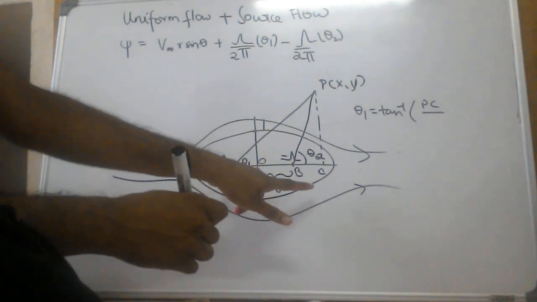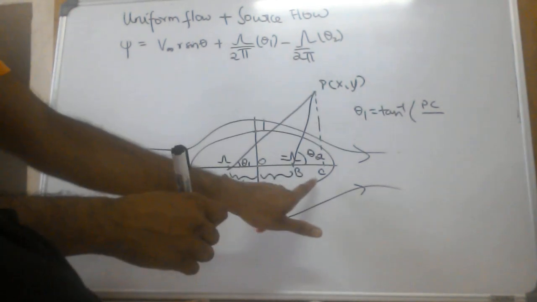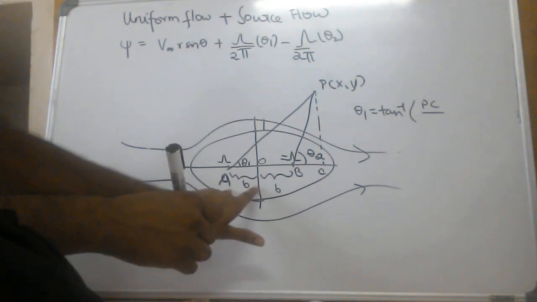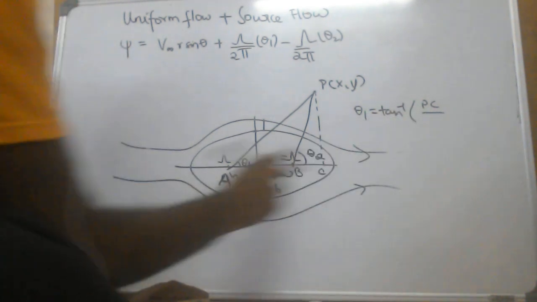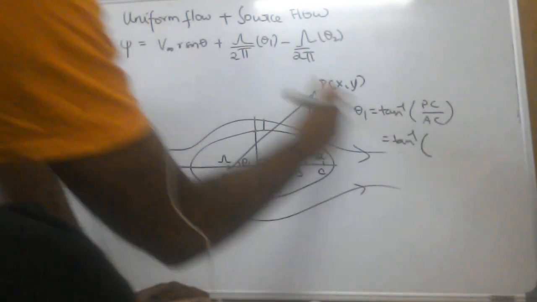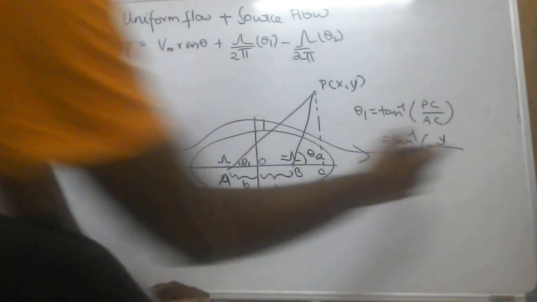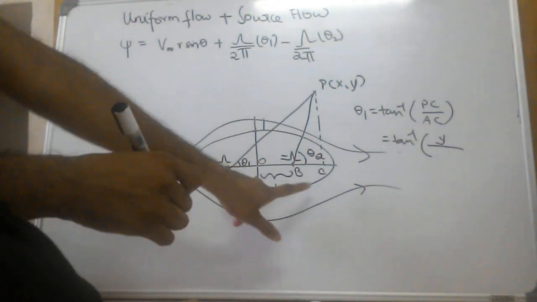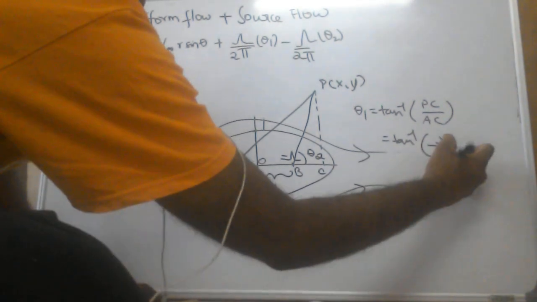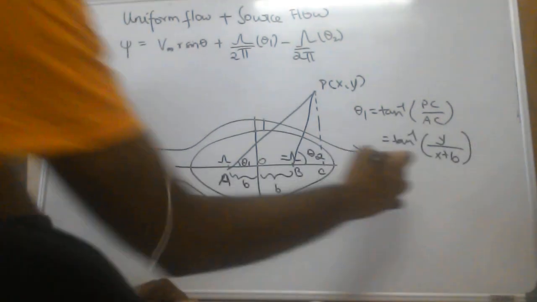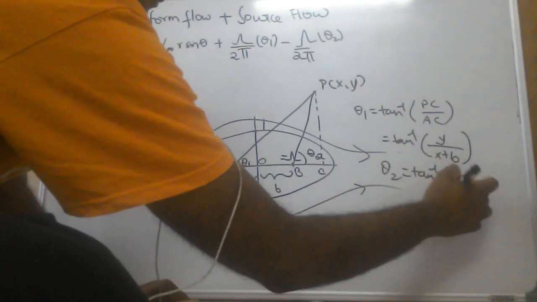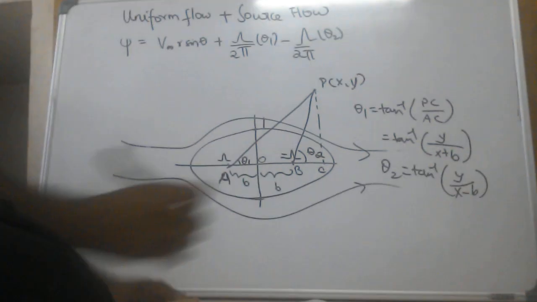AC is going to be the coordinate x, which is this distance OC, plus an extra distance B. So it's going to be PC by AC, which is tan inverse of PC is the y coordinate y divided by AC is x plus B, this distance being x and this being B. Theta 2 similarly will be tan inverse of y by x minus B.